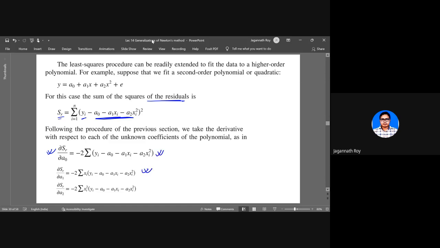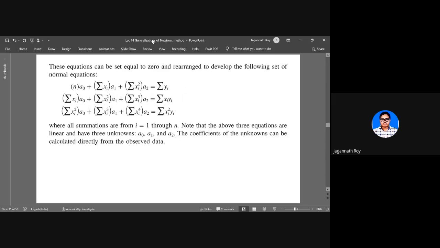Here 3 unknowns are there, A0, A1 and A2. So we'll have a system of linear equations, a 3 by 3 matrix. And in this way, we'll try to simplify again to find out the normal form.